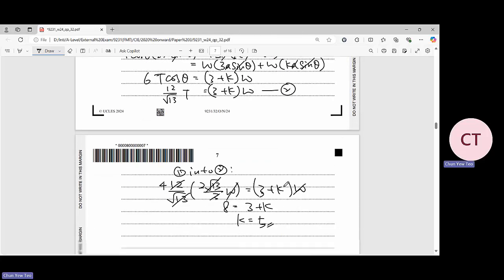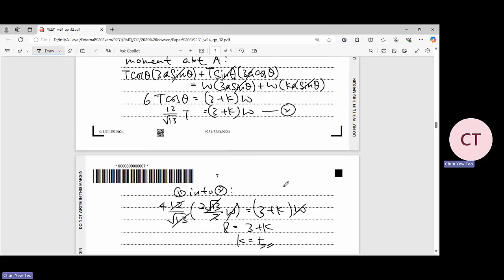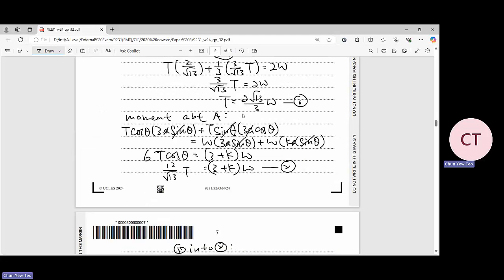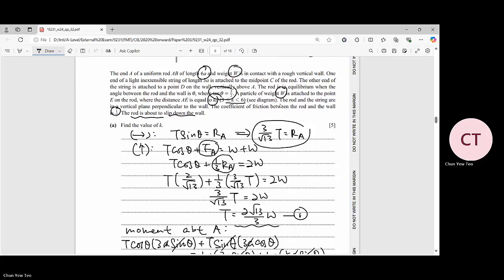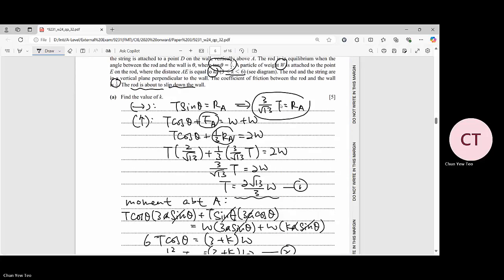So we need to find the tension. We already know the tension. Tension is 2 root 13 over 3 W.